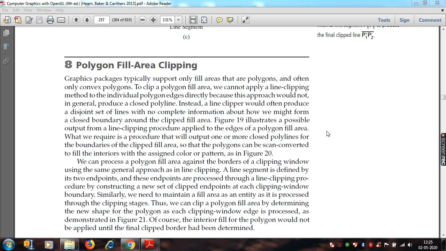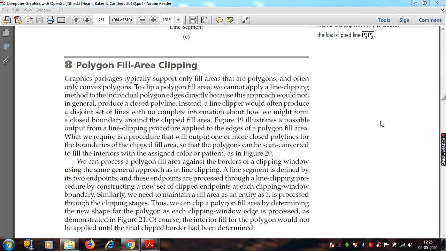So you can think, how can we apply the line clipping algorithm for polygon clipping as well? But practically that is not possible. We'll see why we cannot apply the line segment algorithm for polygon clipping.